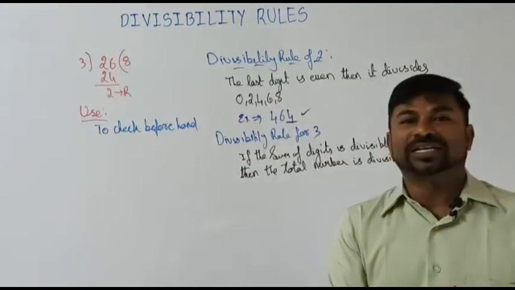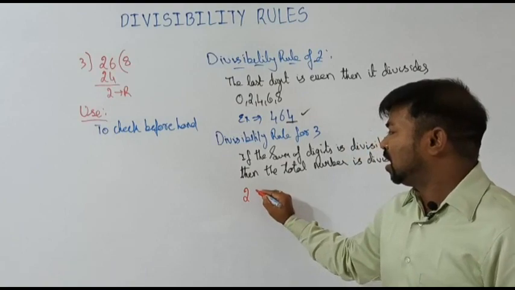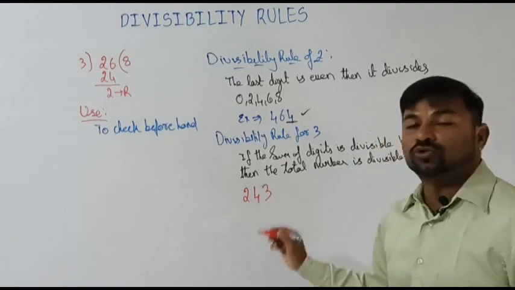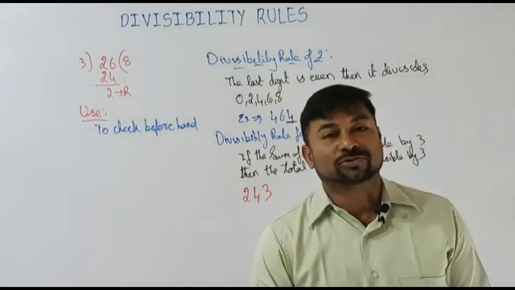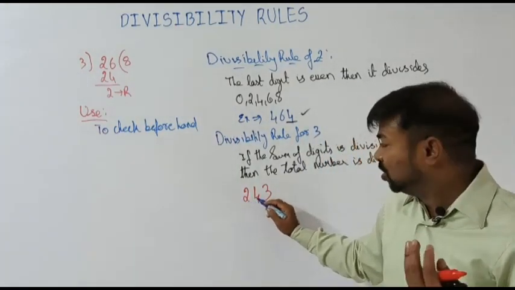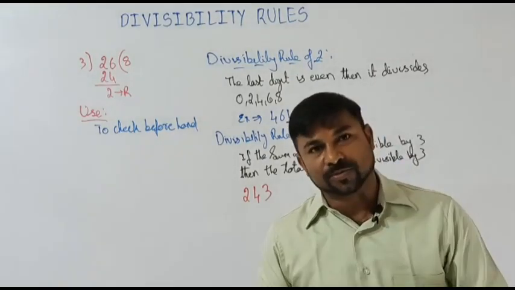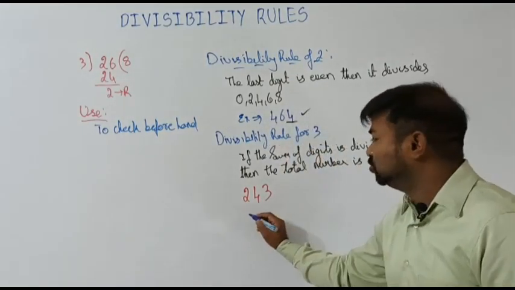If the sum of all the digits is divisible by 3, the number is divisible by 3. I would like to take an example: 243 is the number I have chosen. By looking at it, we can't say whether it is divisible or not, so what are we supposed to do?